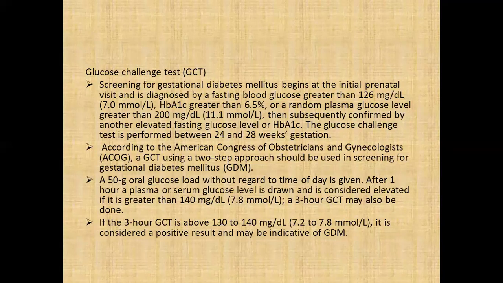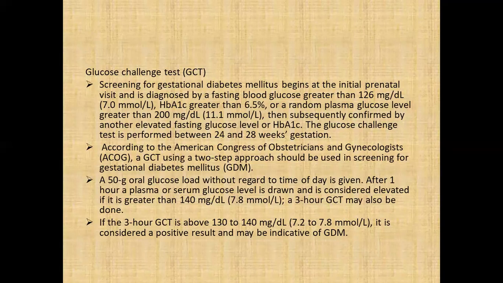Okay. Then another thing is that when the baby is born, the baby is at risk of hypoglycemia. Why would the baby develop hypoglycemia if the mother was having elevated glucose level during pregnancy? You remember that the baby depends on the mother during pregnancy. And so the baby was receiving excess glucose from the mother.